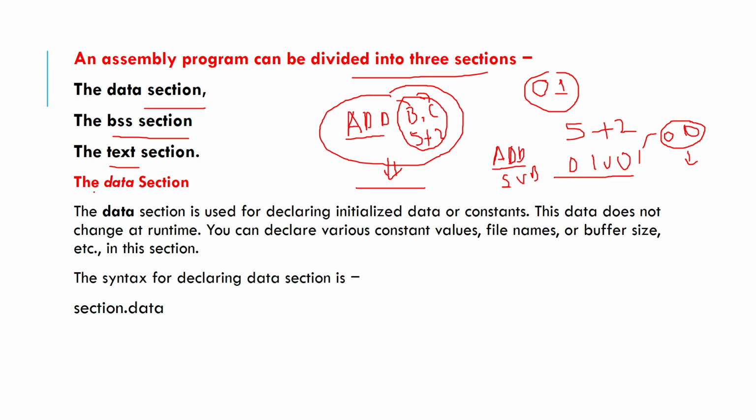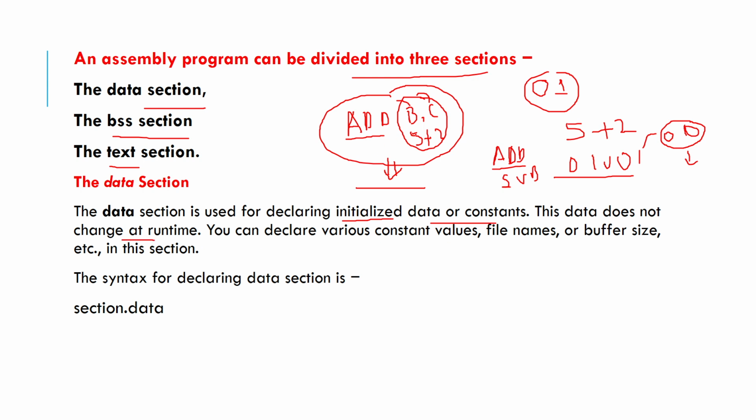The data section is used for declaring or initializing data or constants. Constant means that throughout the program the value will not be changed. Data does not change at runtime.